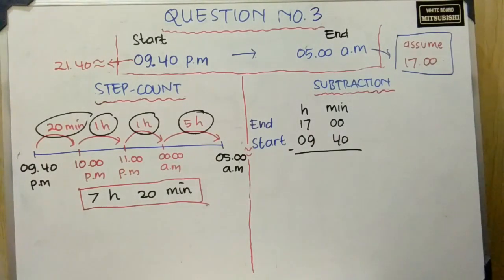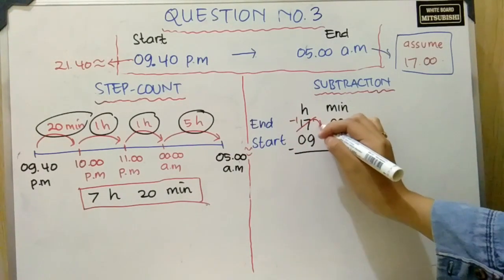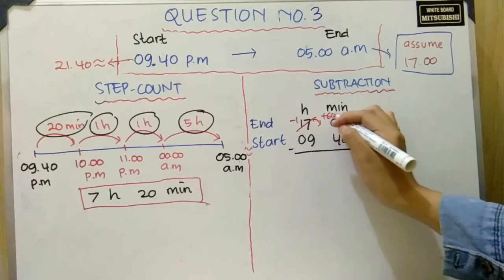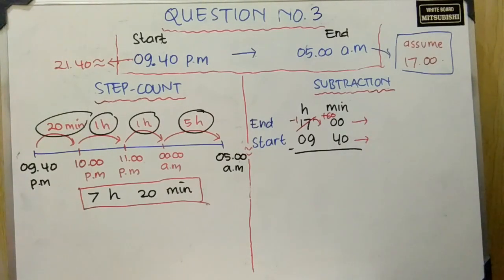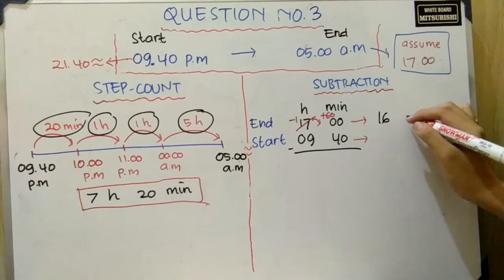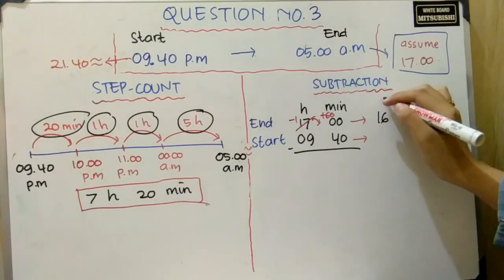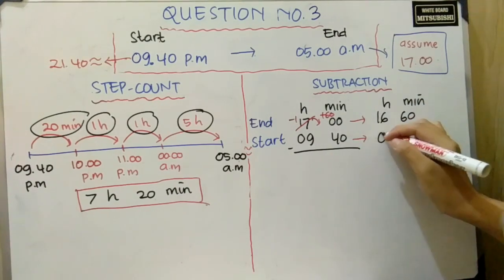And we subtract 0 by 40. I think it's difficult for us. So we take 1 hour and we give 60 minutes to 0. So the end time will become 16:60 and the start time is still 9:40.